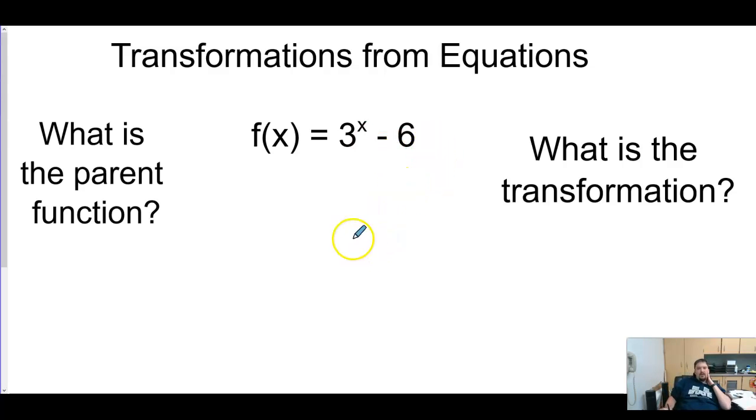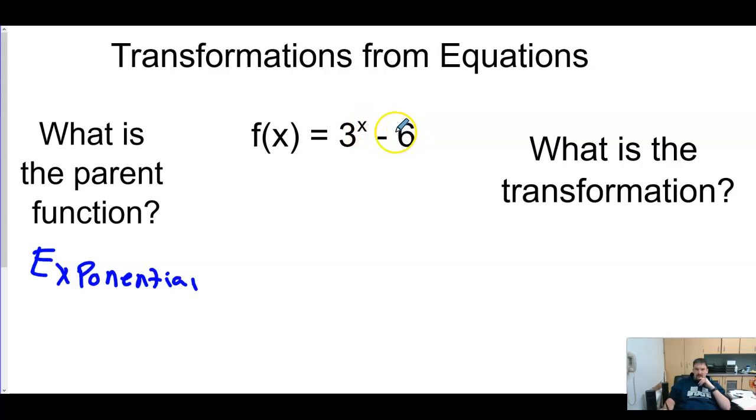Okay, here we have 3 to the x power minus 6. Okay, the x is in the exponent, so this is known as an exponential function. Okay, and is this minus 6 happening on what we call the outside of the function or the inside of the function? The inside of the function on this one would be happening up here inside the power, or the exponent.